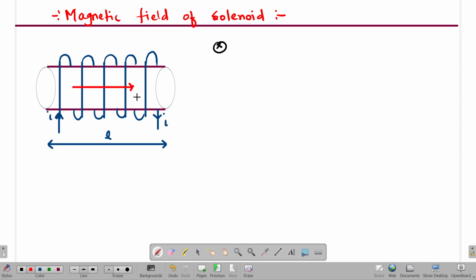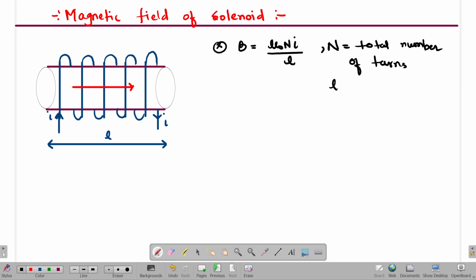And that magnetic field is given by the formula mu naught N I by L, where N is the total number of turns and L is the length of the solenoid.